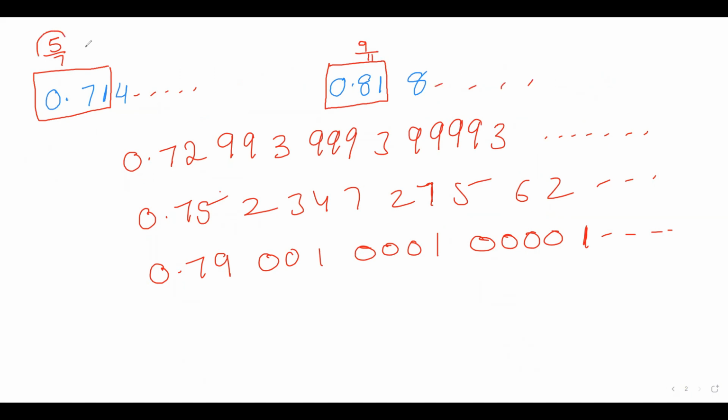In between 5 by 7 and 9 by 11, we have taken three irrational numbers. Okay, so like this you can select and write the irrational numbers.